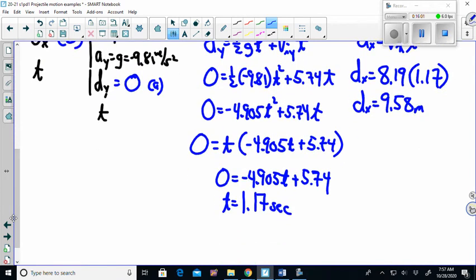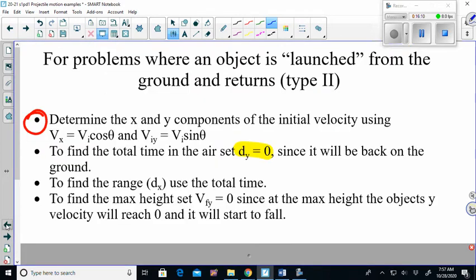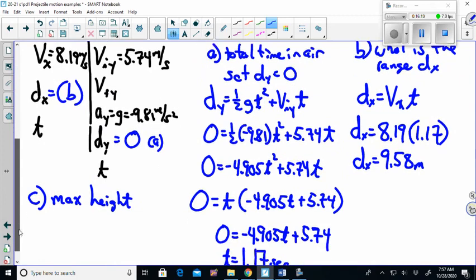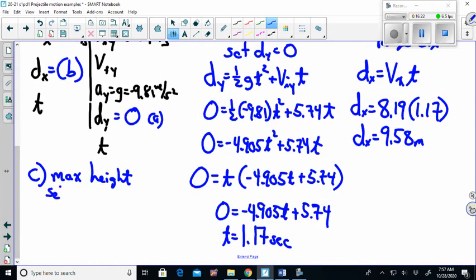So for part C, the max height, I'm going back to find the maximum height, set the final velocity equal to 0. So I'm going to set VFY equal to 0 because it stops at the top of its trajectory before it starts coming back down in the Y direction.